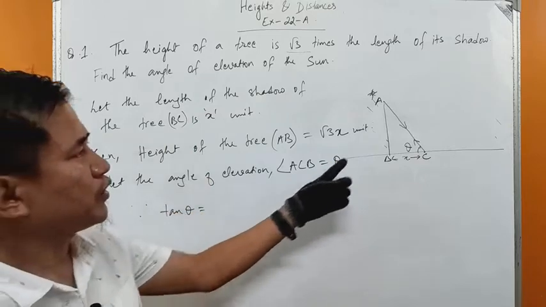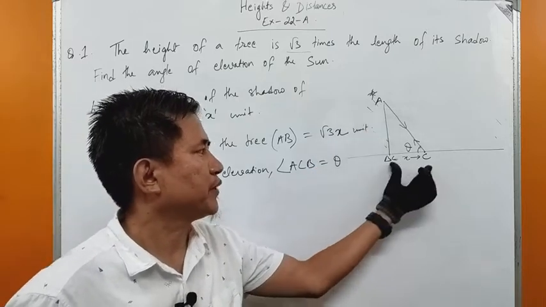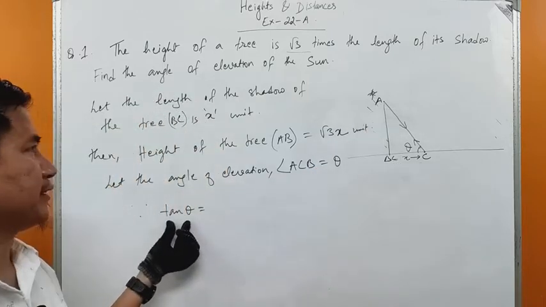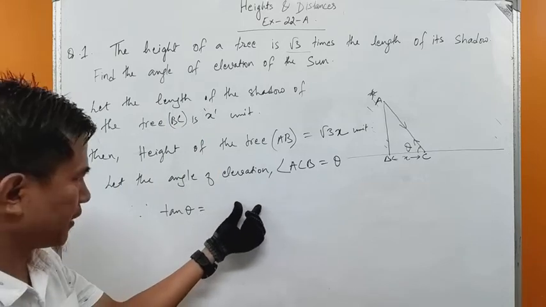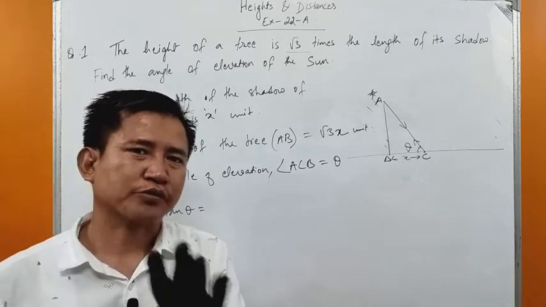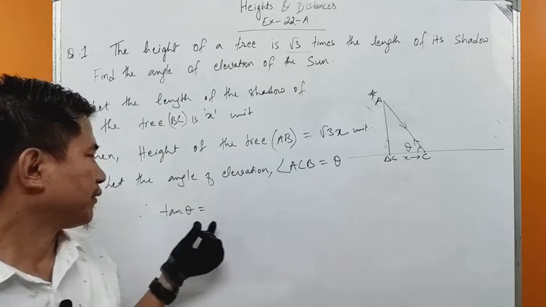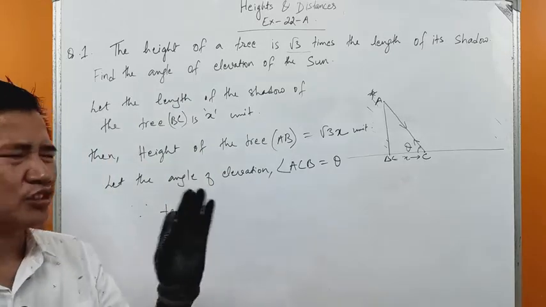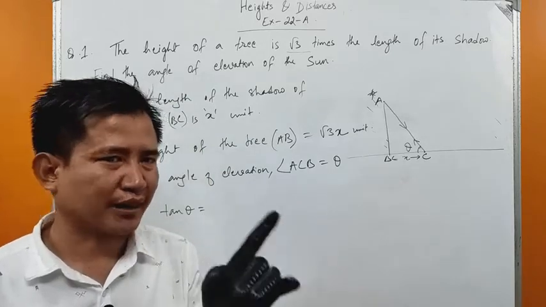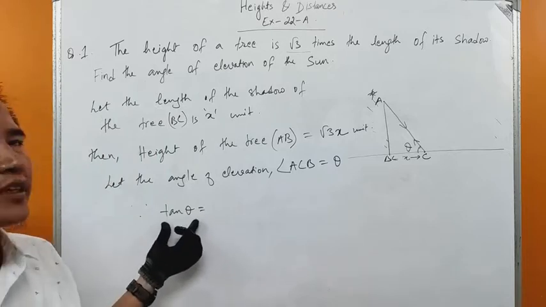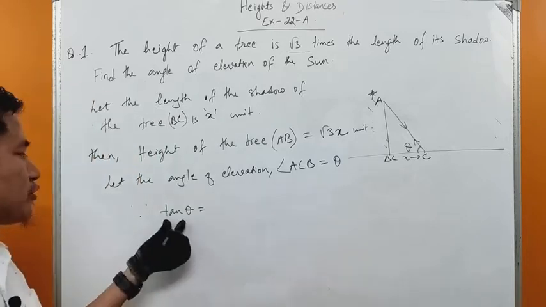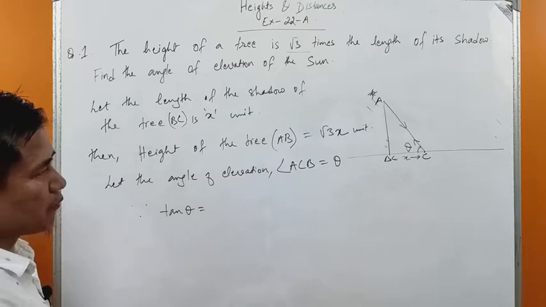We know the perpendicular AB and base BC, so we apply tan theta. In most of the questions from heights and distances we apply tan theta only. In some cases we rarely apply sin theta and cos theta, but in most cases we apply tan theta.